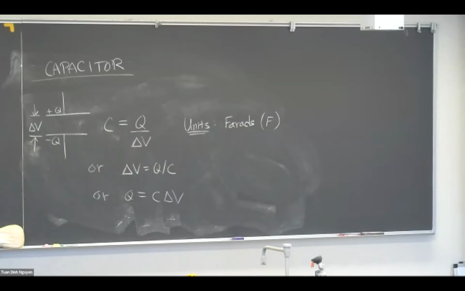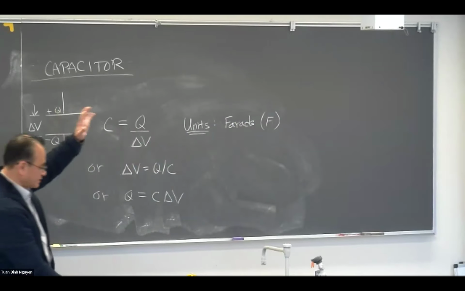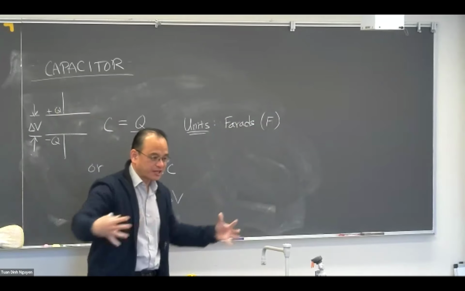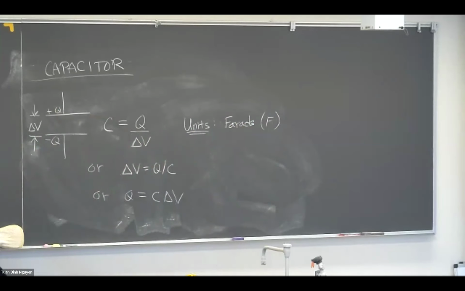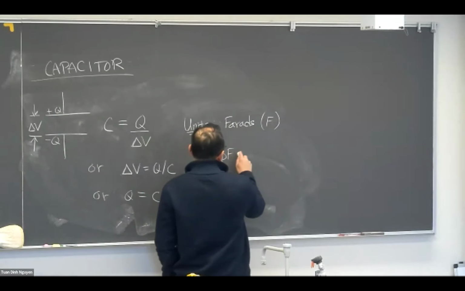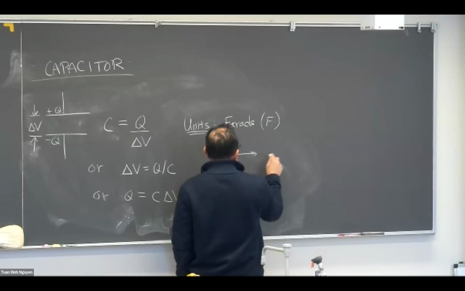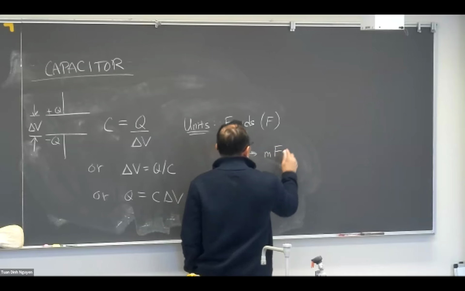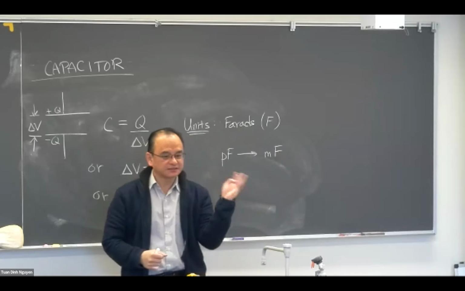So a farad is huge. You'll never see that. That'll be like garbage can size capacitance. You don't want that. So the smallest will be picofarads, the tiny ones, all the way to typically millifarads. Now that's already the size of your pinky.